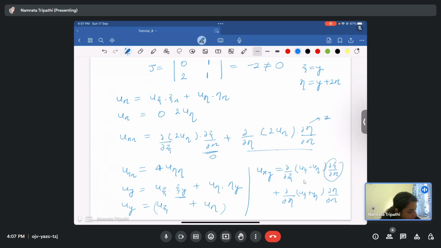The value of this expression is 0, and the expression for this is 2. So if you multiply, you will get 2u eta xi plus 2u eta eta.